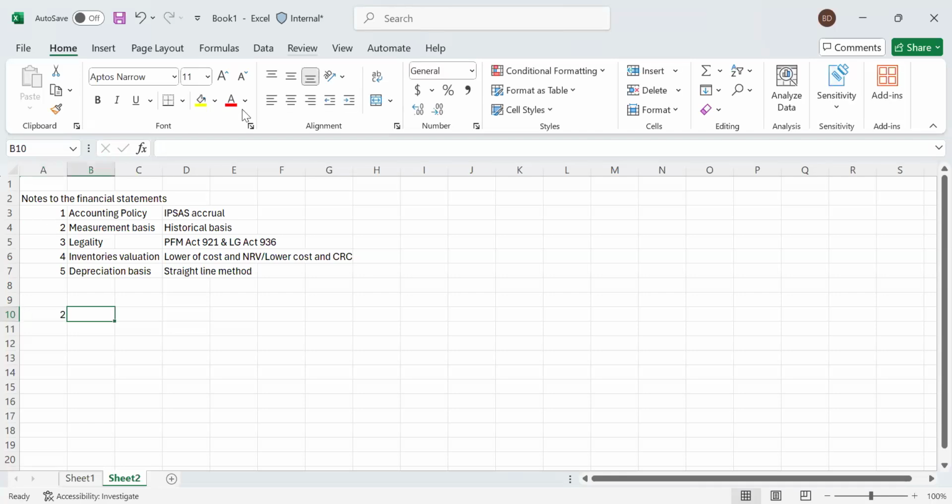So you have to check that side first, before you go ahead and write the notes. This note to the financial statement, maximum, shouldn't take you more than 5 minutes.